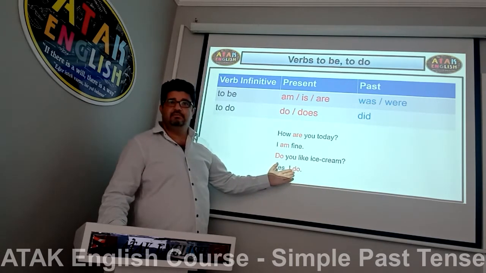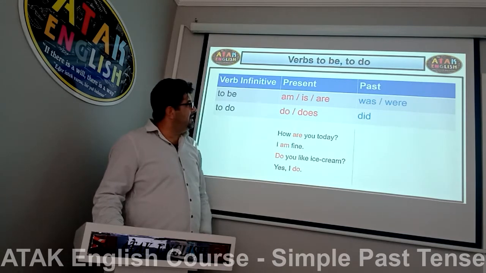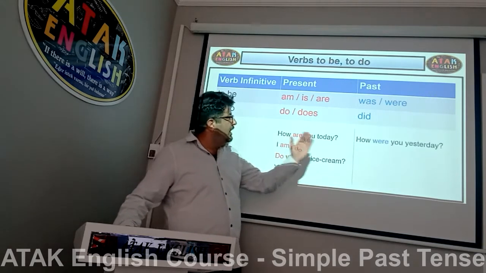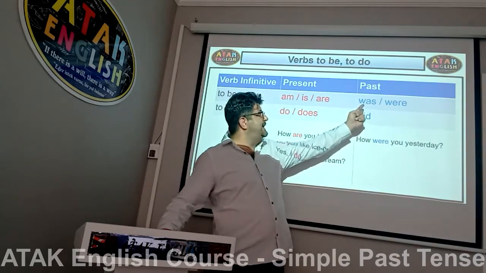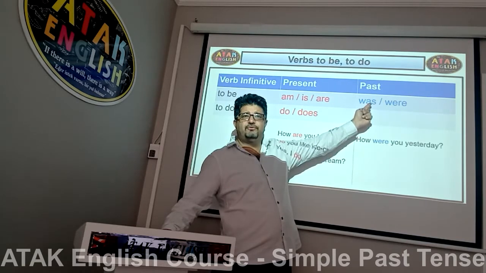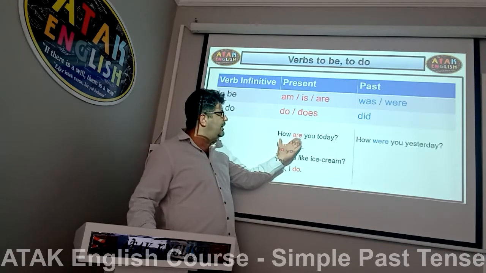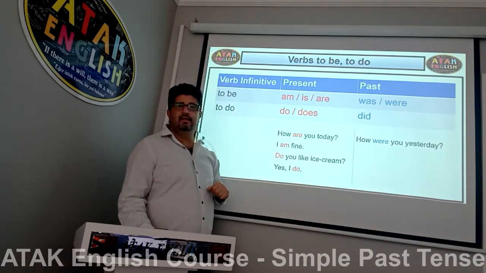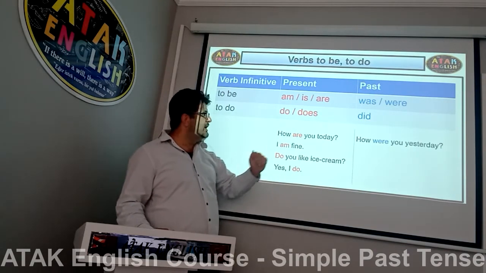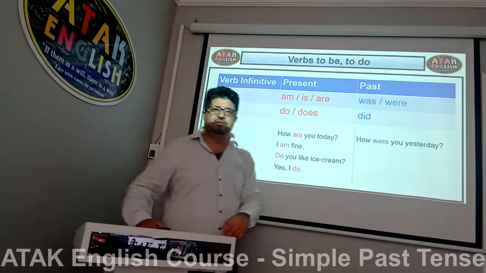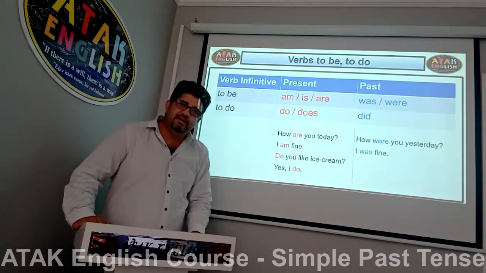Yes, I do. What about past verbs? How were you yesterday? Were is the past form of to be. But the present form, how are you today? In the past form becomes, how were you yesterday? And the answer, I was fine.